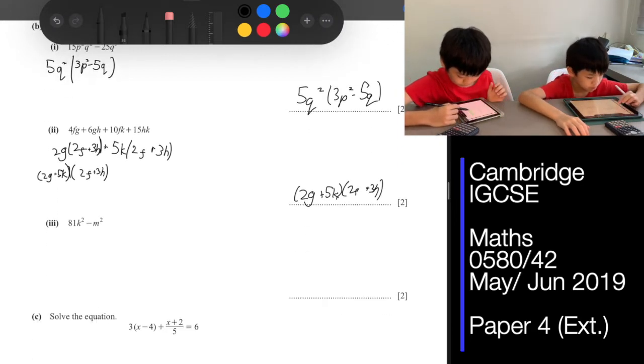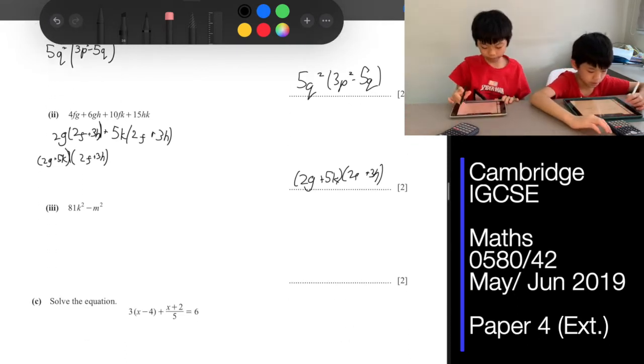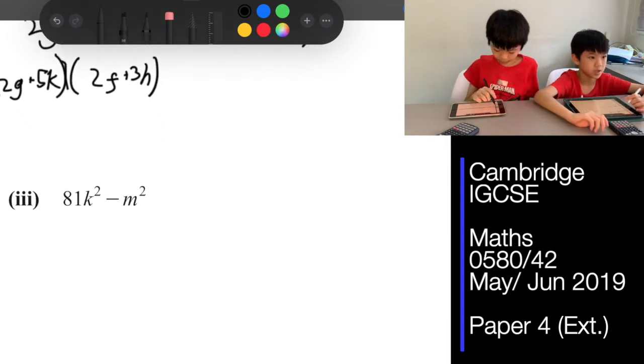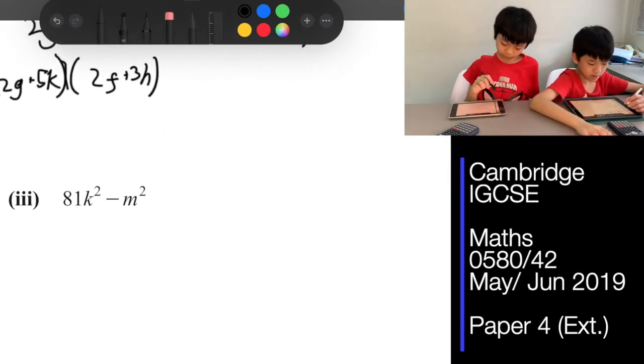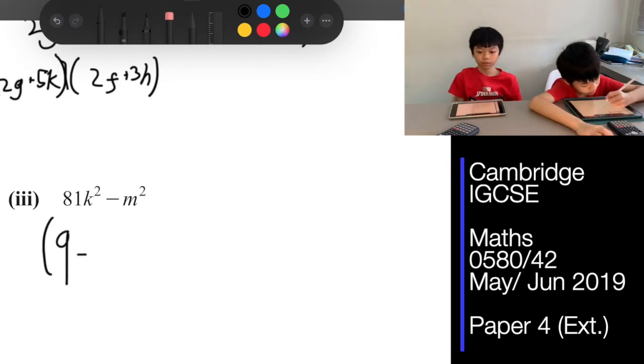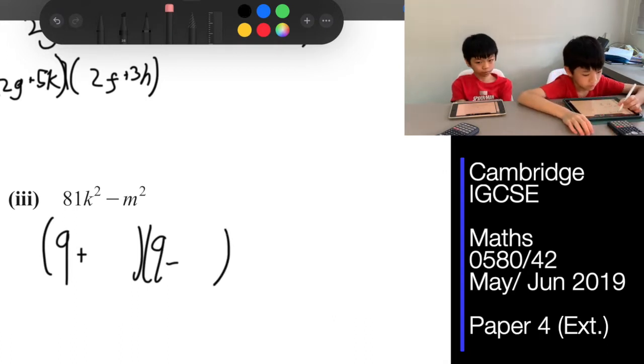Okay, for our next question, 8, we need to factorize 81k squared minus m squared. This is basically a difference of squares. If the k wasn't there, it would be 9 plus m, 9 minus m.